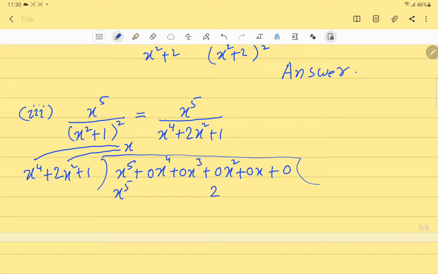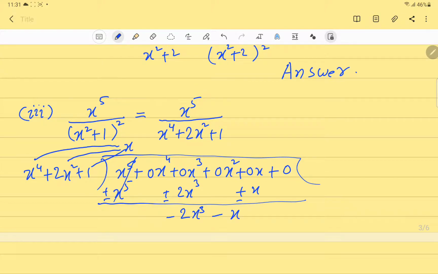We will get 2x cube actually, and then x. The signs will change. This will cancel with this one, and we are left with minus 2x cubed minus x.